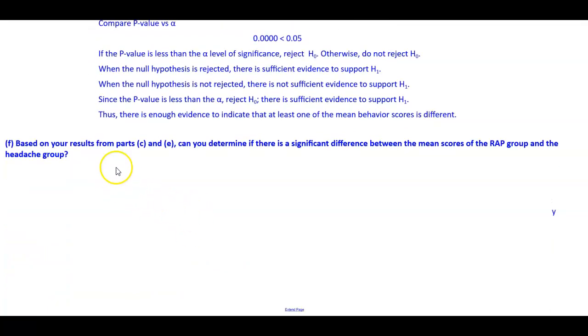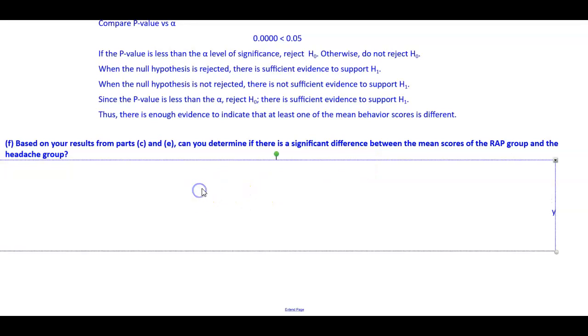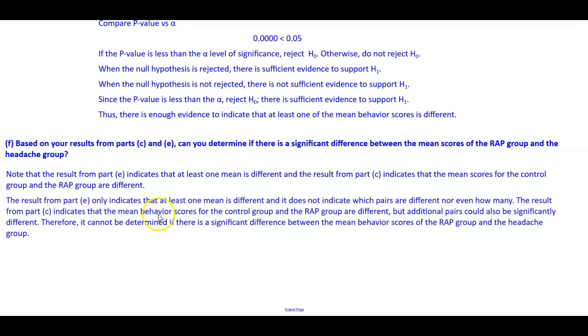Now, based on the results from part C and E, can you determine if there is a significant difference between the mean scores of the RAP group and the headache group? Note that the result from part E indicates that at least one mean is different, but it does not indicate which pairs are different, nor even how many.